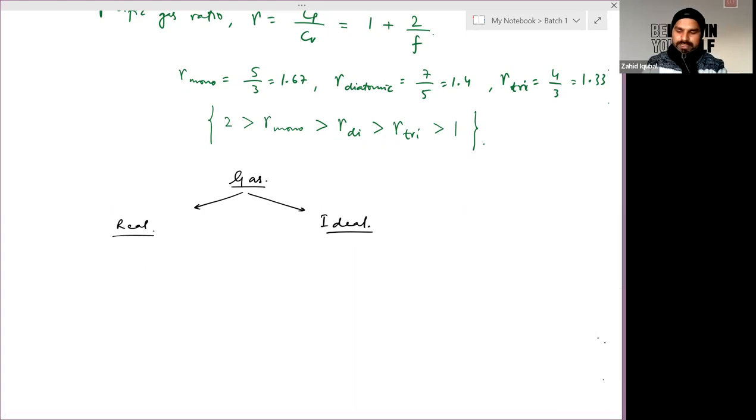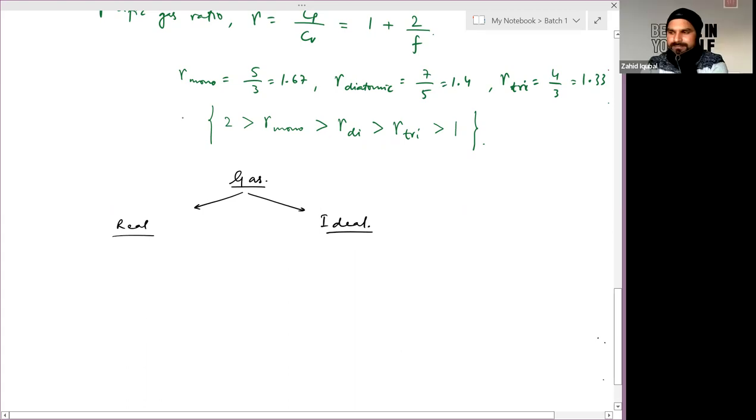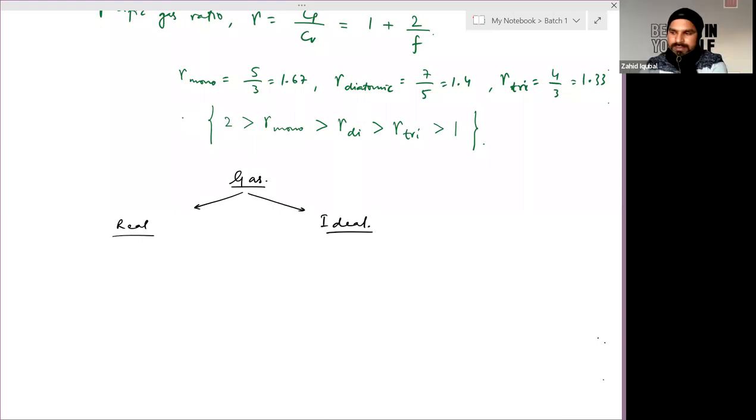What do you mean by real gas or ideal gas? Khalid, what do you mean by real gas and ideal gas?